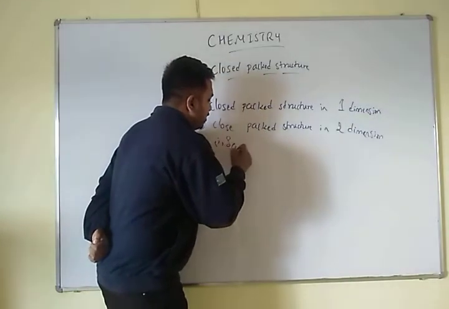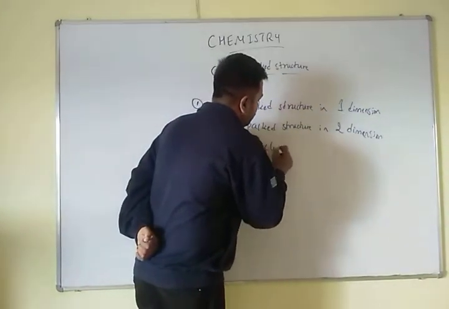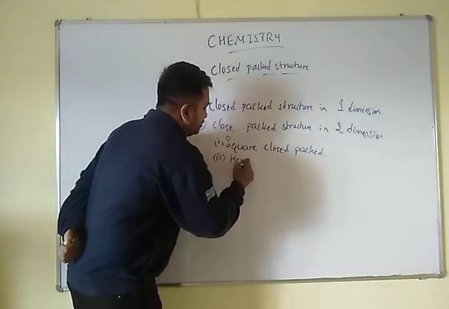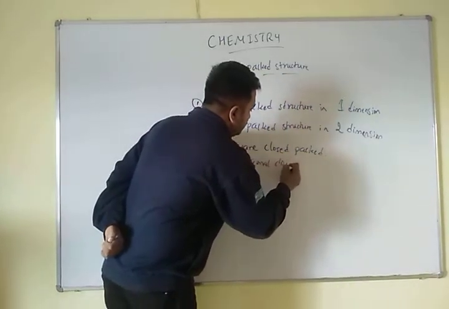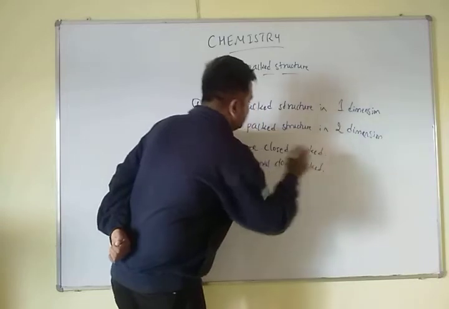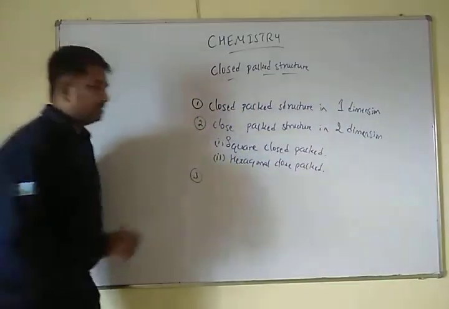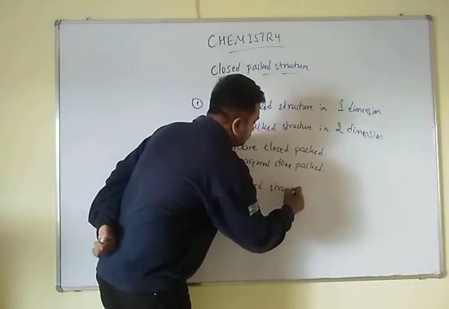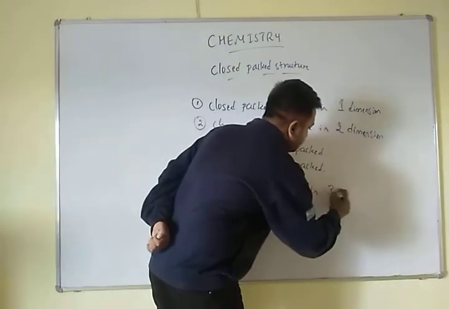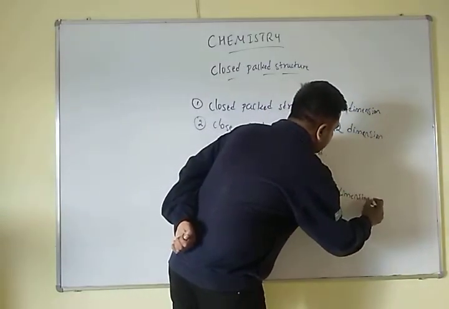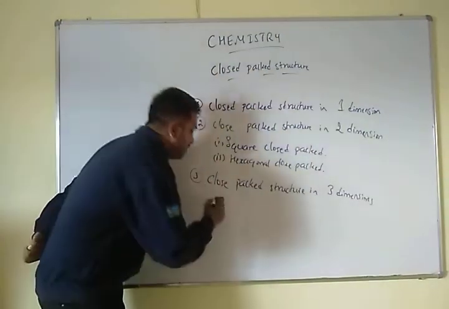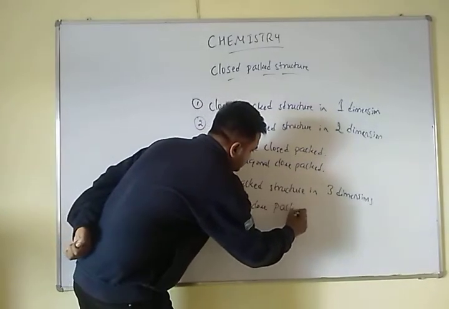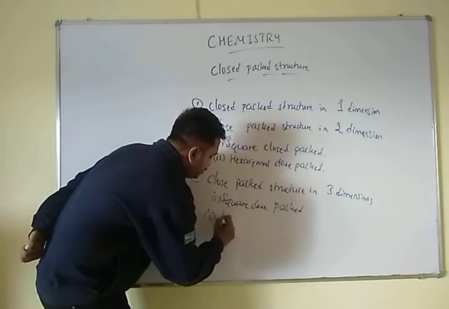One is square planar, square closed packed structure, and the second one is hexagonal closed packed structure. Okay, and the third type is closed packed structure in three dimensions. In this also we have two types, that is square closed packed and hexagonal closed packed.